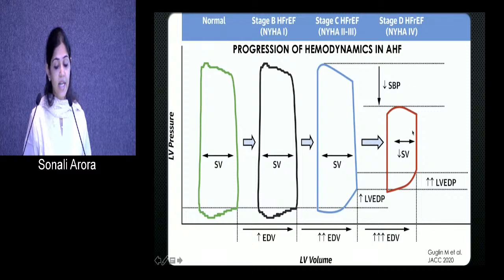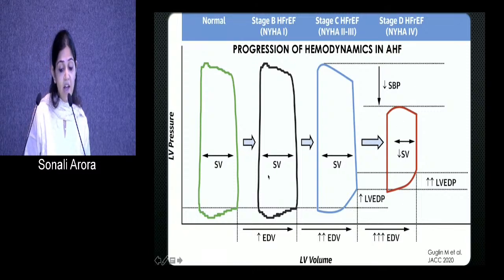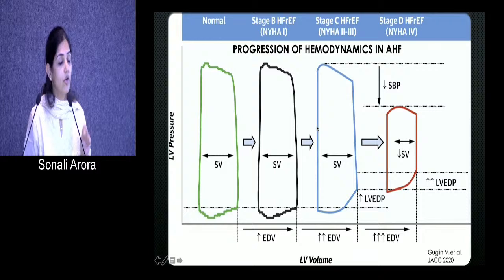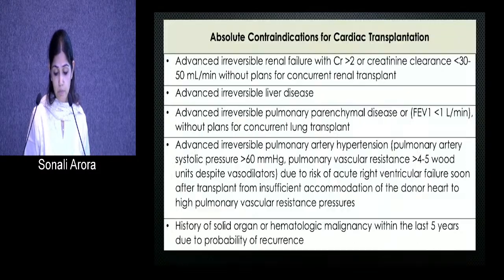Once they are already hypotensive and once their filling pressures are already high, we have progressed from stage B to stage D and we don't even know about it. So I think it's really important on the echocardiogram to look, other than the EF, at the filling pressures and the end diastolic volumes, your LVEDD, your RV pressure, your RV size, your TAPSE, as well as your right-sided PASP, your pulmonary hypertension.